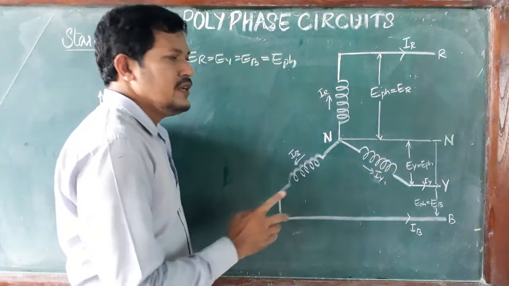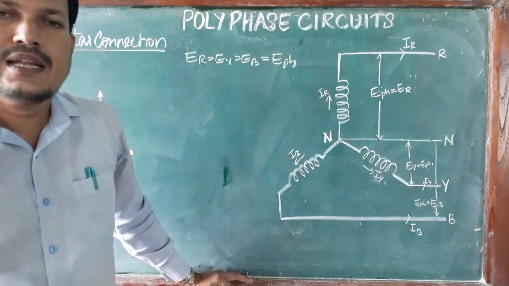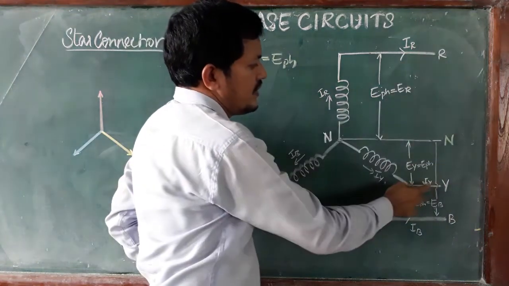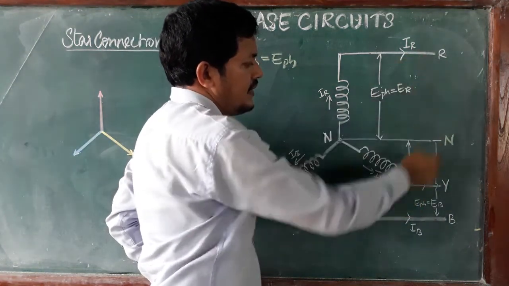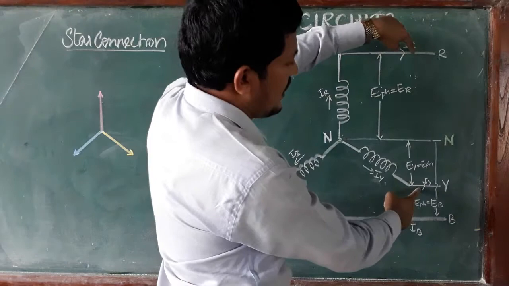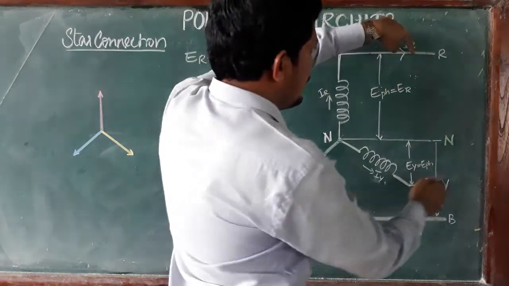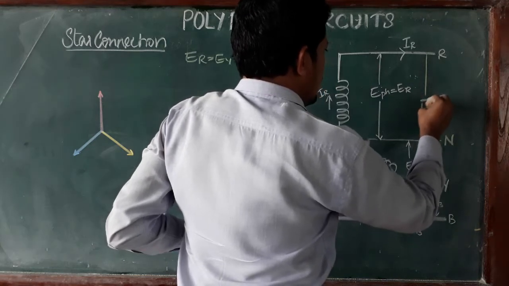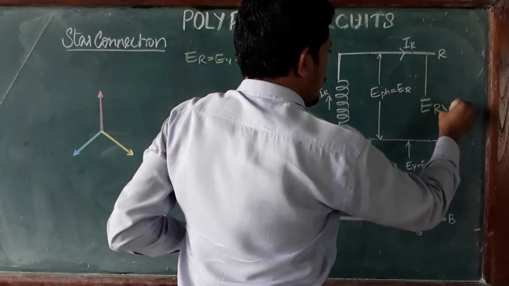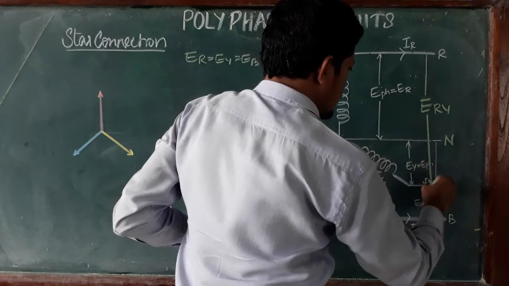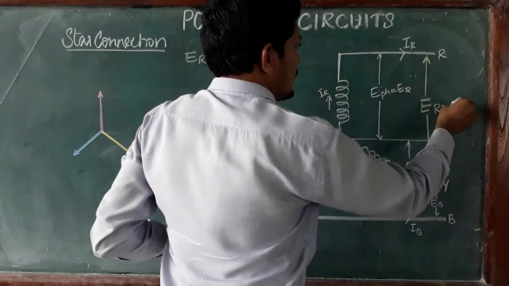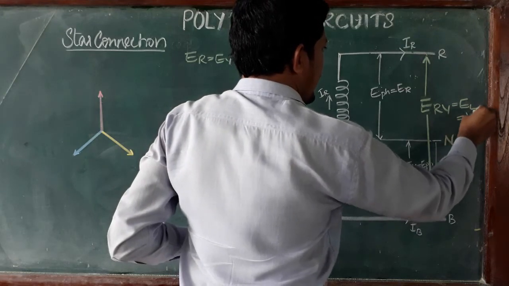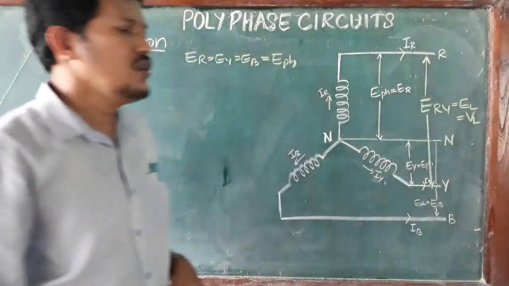Next is line voltage. Line voltage means line to line potential difference. Here the R line and the Y line, the voltage across them is ERY or VRY. This is known as line voltage, EL or VL.